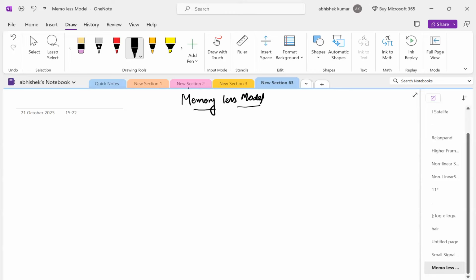In a causal system, our output depends upon the present input and past input. In a non-causal system, the output depends upon the present input and future input. Apart from that, we have a memory-less model in which our output depends only on the present input. Are you getting my point?